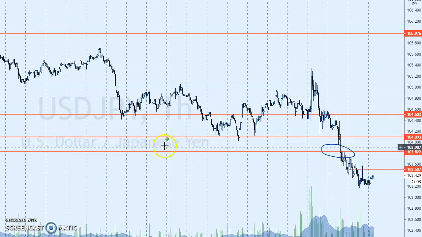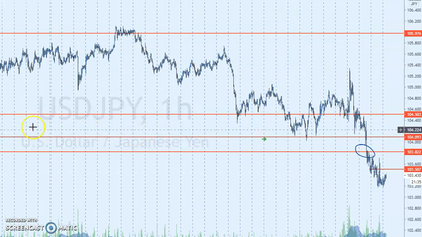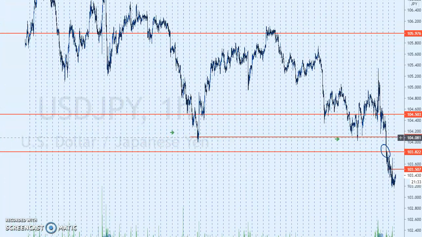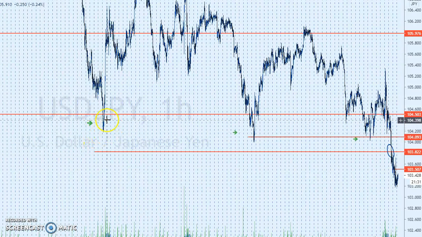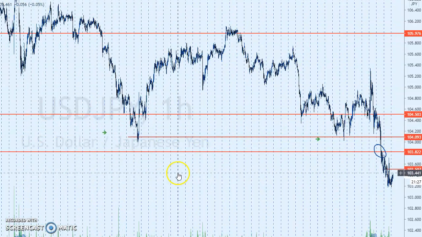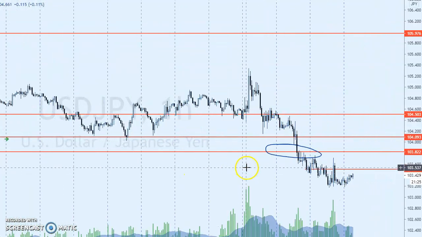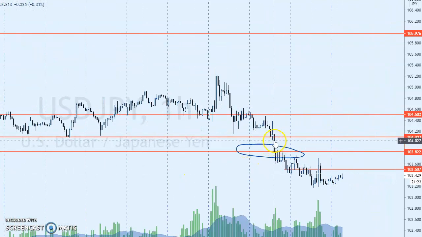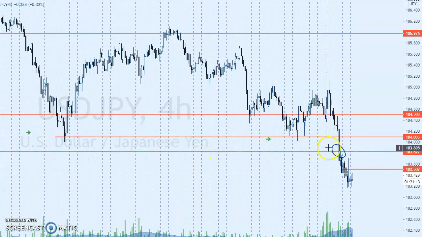But my mistake here, and here, these big rejections here. I'll focus in this, place my entry here, but in the 1 hour candle, in the 1 hour chart, it looks really different.